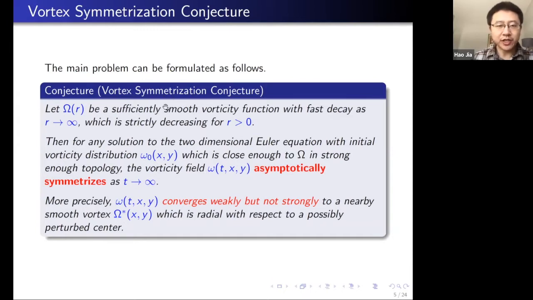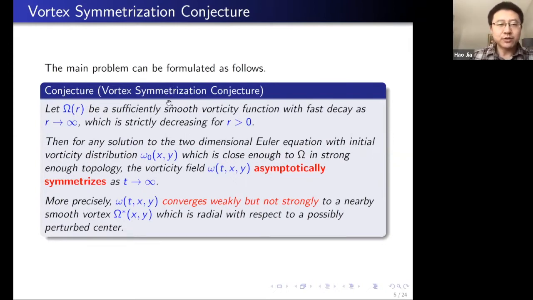But for the vortex problem, all the undesirable features disappear, because theta and r, the polar coordinates, are the natural variables, and theta is automatically periodic. So everything is very natural in the vortex problem.